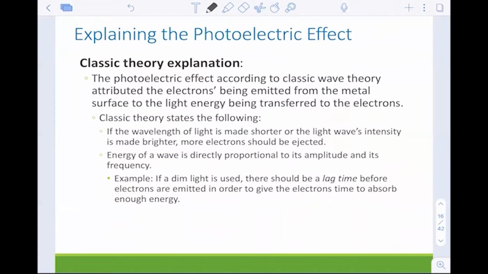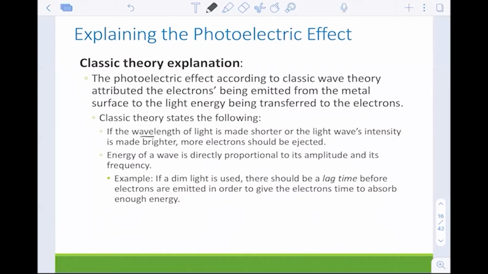Classical theory, this was before further development, but the photoelectric effect, according to classical wave theory, attributed the electrons being emitted from the metal surface to the light energy being transferred to the electrons. In classical theory, if the wavelength of light is made shorter or the light wave's intensity is made brighter, the electrons should eject.